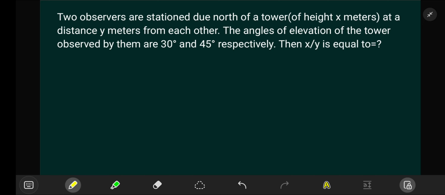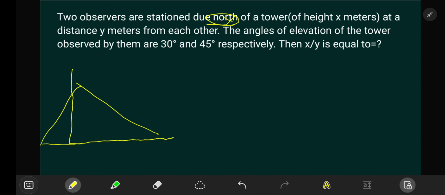Suppose there is a tower here. This is the tower, and there is no need of the north and south. They are saying both persons are standing on one side only, not one person on this side and one on the other side.